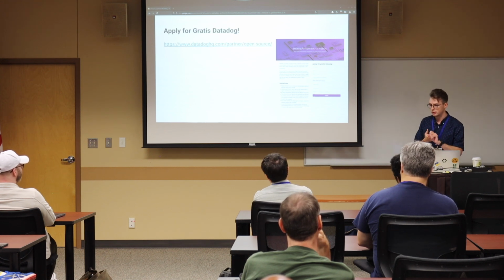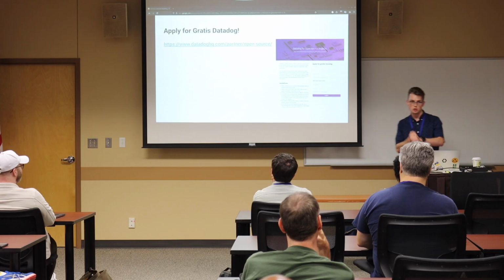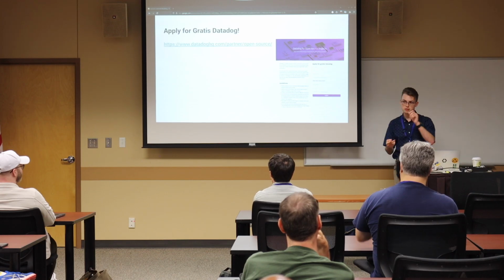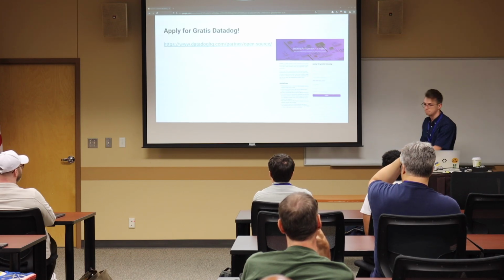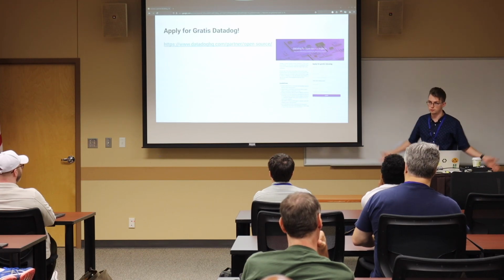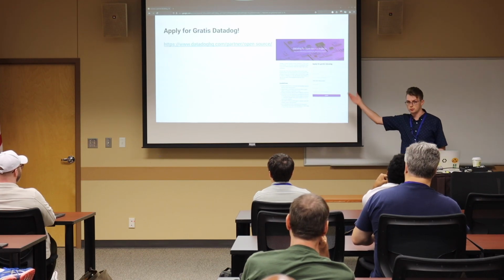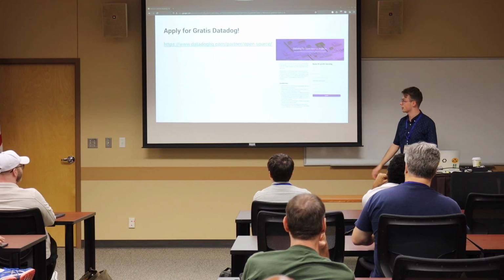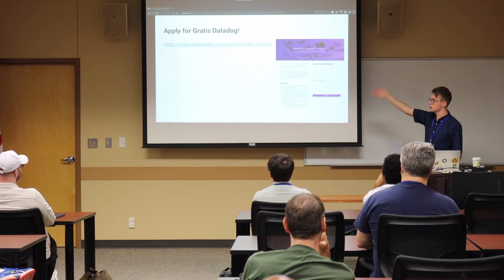First of all, you need to have a public-facing dashboard to show what you built with Datadog. And then also they'll ask for a blog post about how you use Datadog. And that's it. And then you have a free pro plan for life, as long as the project is still up and being maintained. So yeah, this was really great for us.